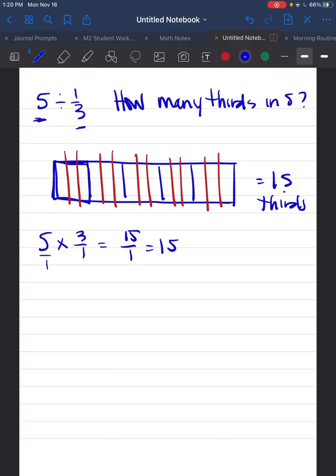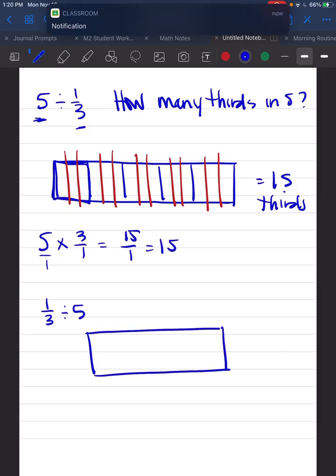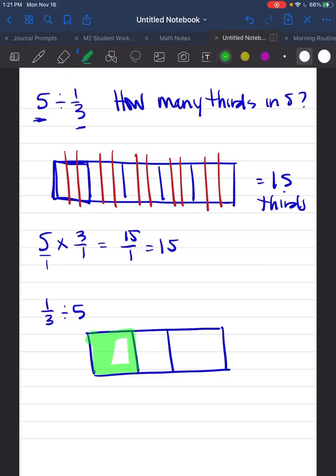Let's look at drawing a model for dividing a fraction by a whole number. So let's just take the reverse. Let's take 1/3 and divide it by 5. Now I'm going to draw a model of 1/3. So my tape diagram will be divided into 3 parts, and I'm going to only shade 1/3.